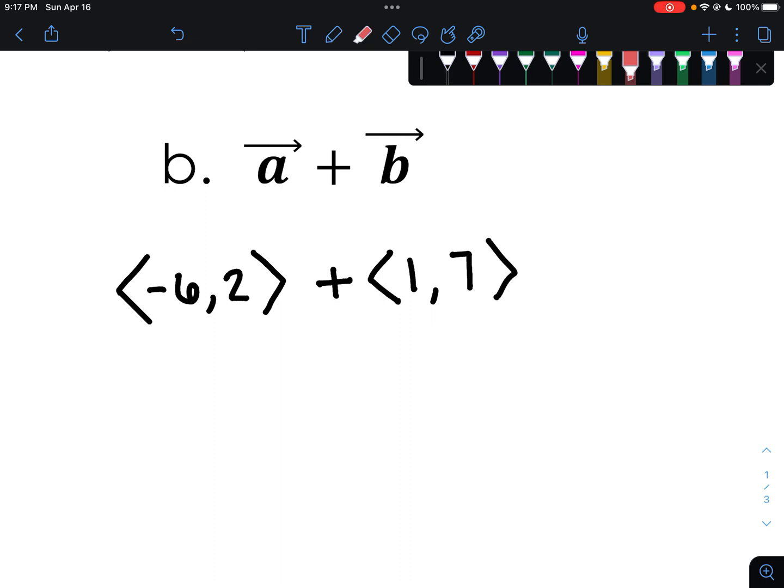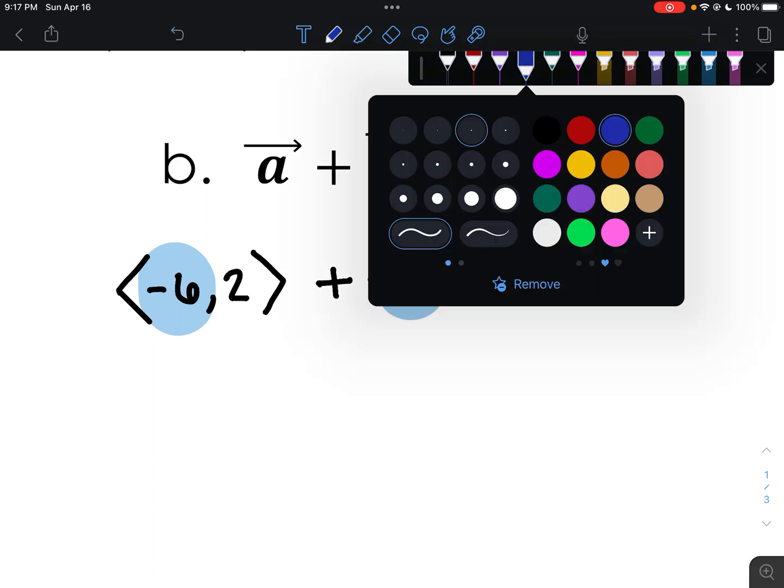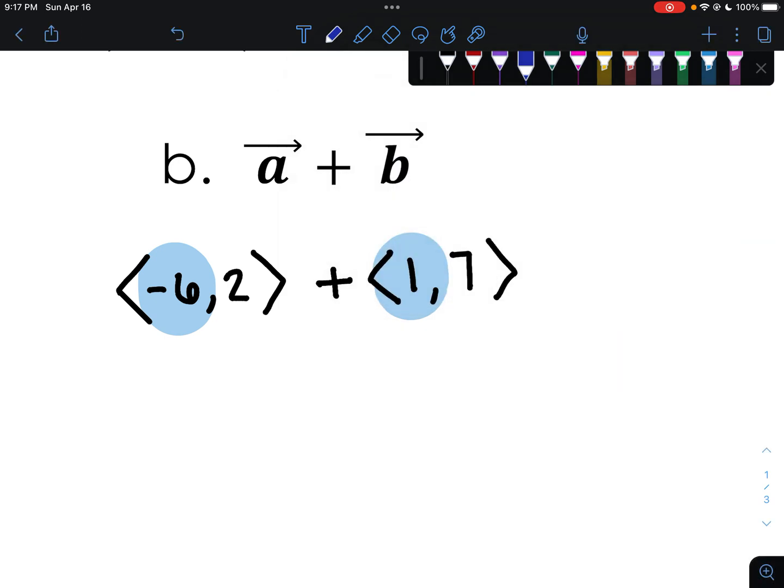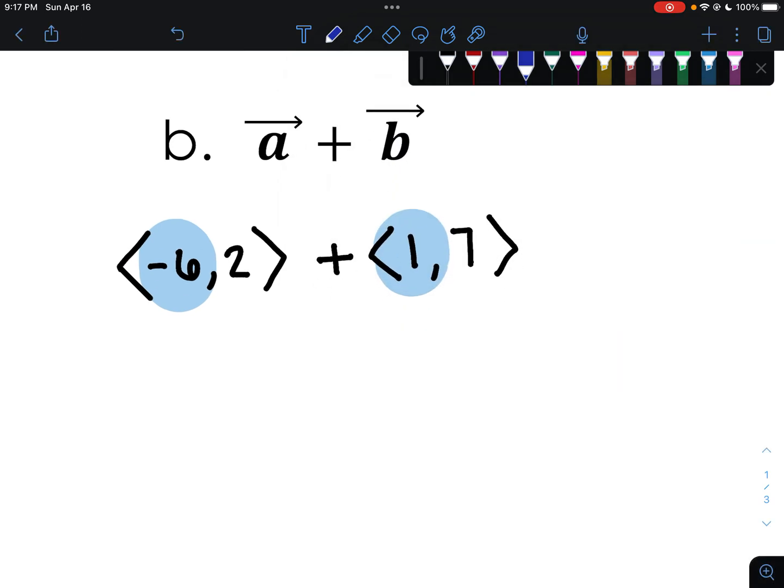So all we're going to do is take the first number and the first number, and add them together. -6 plus 1 is -5. Then I'm going to add the second two numbers together. 2 plus 7 is 9. And there is our solution vector.